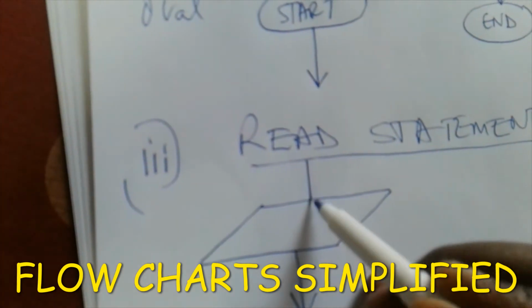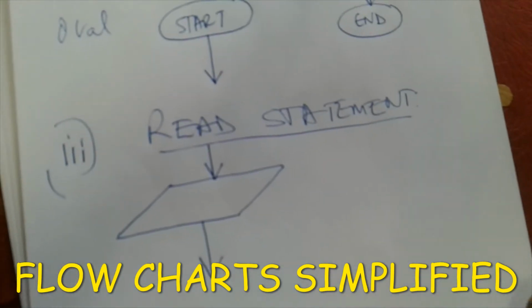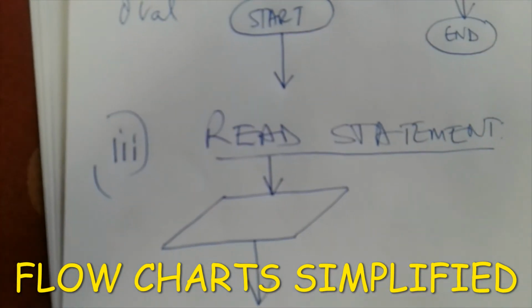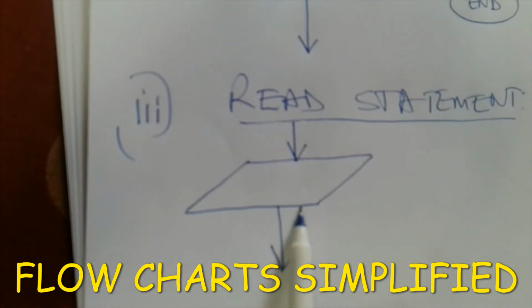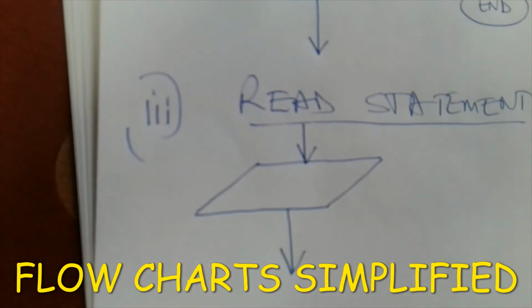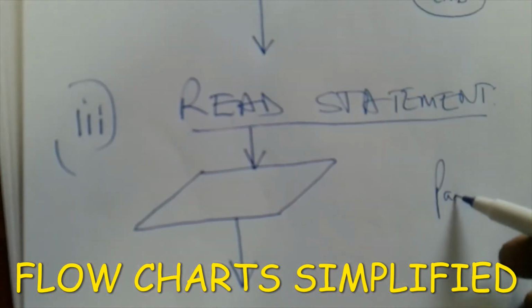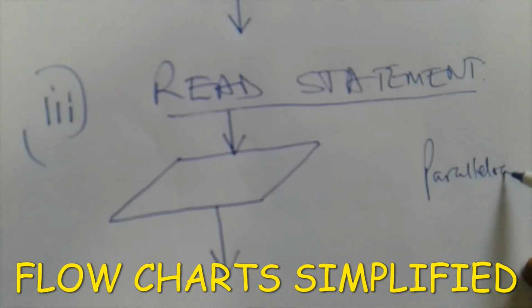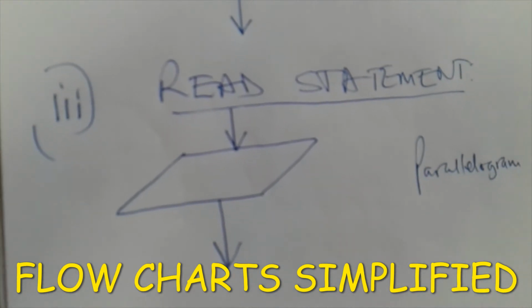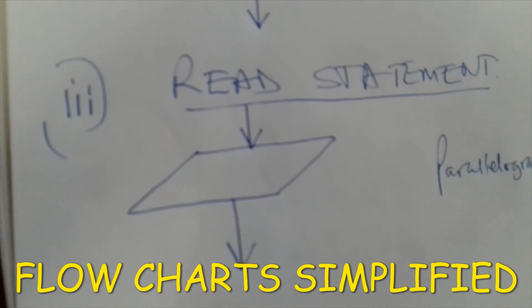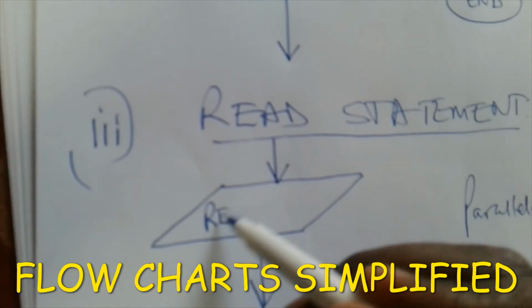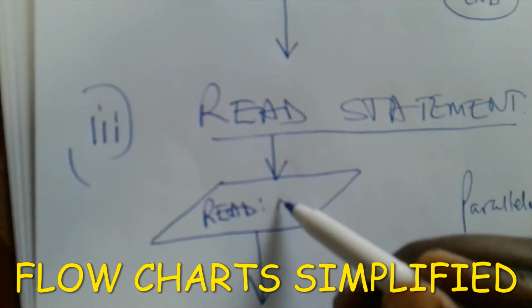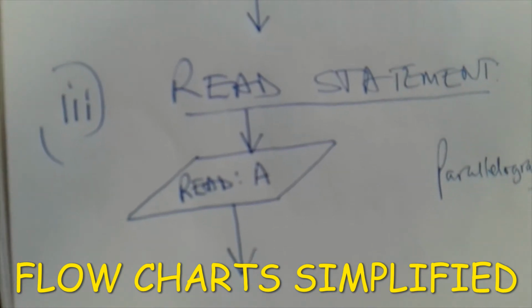If you want to command the computer to read something, then your program should be drawn in a flowchart using this symbol, the parallelogram shape. This one is for read. So you say read, and assume you want to read A, you say read A.